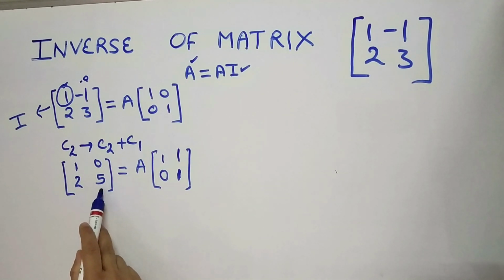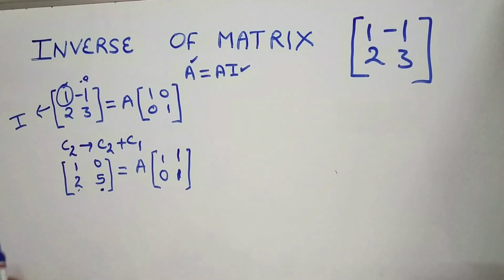Now we have to make this one as 1. How can you get this? Here you can see you have 2. If you multiply this row with 2 and subtract it from C2, then I think you will get 1 here. Or one more thing can be done.